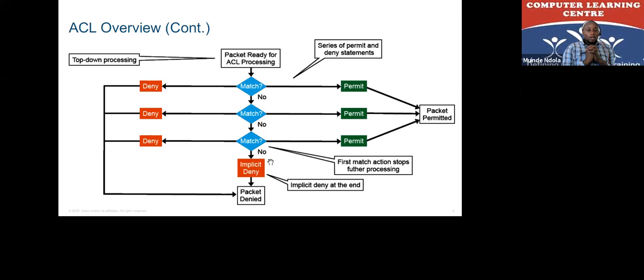Always make sure that you have at least one permit statement, because if you don't have any statement to permit, it will deny everything else. One of the problems people get with access lists is they just configure deny and expect everything else to be permitted. No. Nothing is permitted; immediately you create an access list, everything else gets denied.